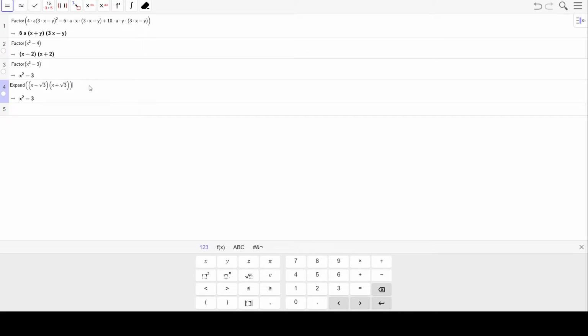But it's a little bit strange. Anyway, you see that at least x minus square root of 3 times x plus square root of 3 is indeed x squared minus 3. So what we have written on the board is correct. But I will not give you this to factorize. If you got this expression somewhere, don't continue, because by default we are working in the set of integers.